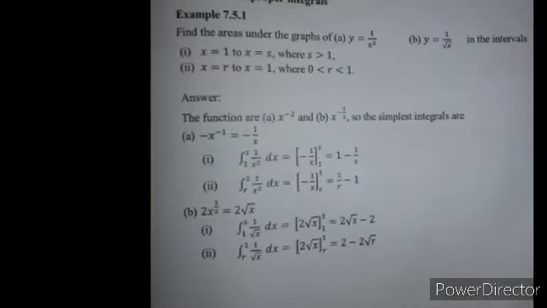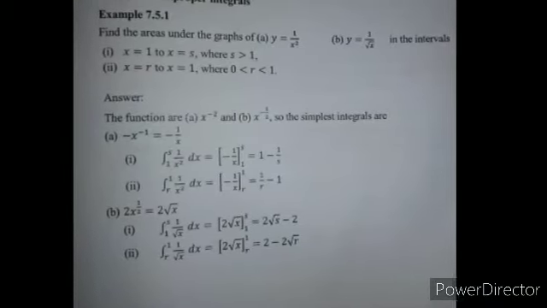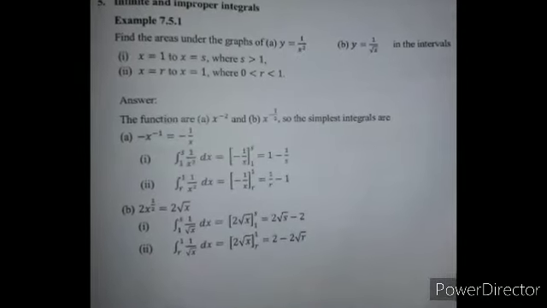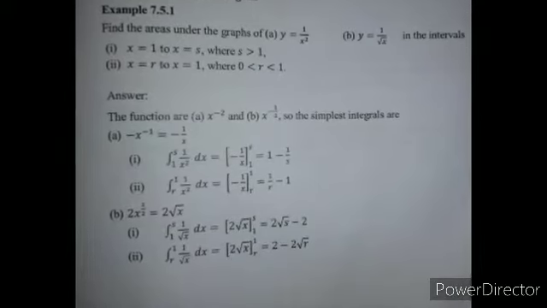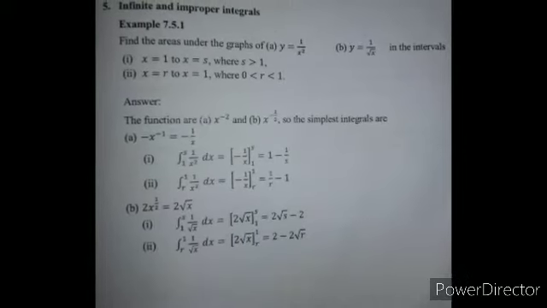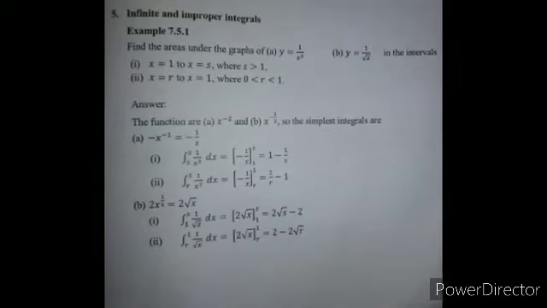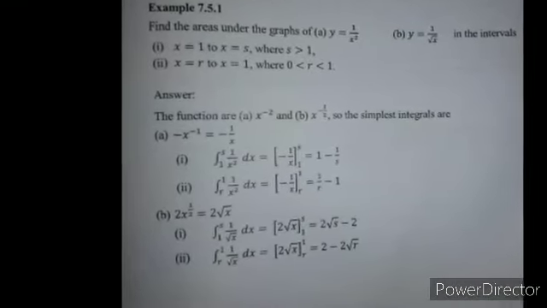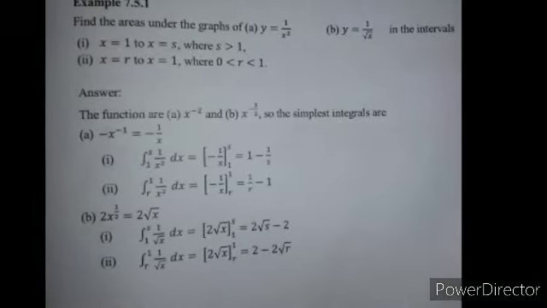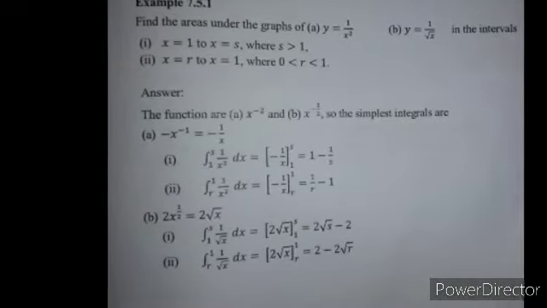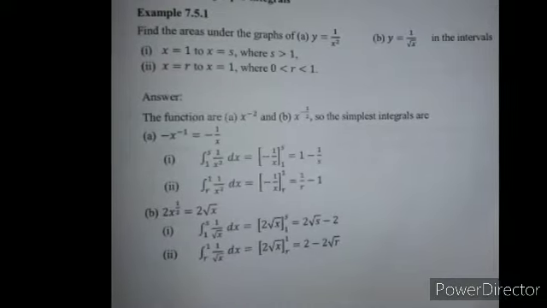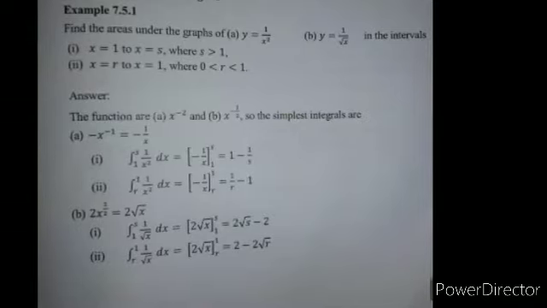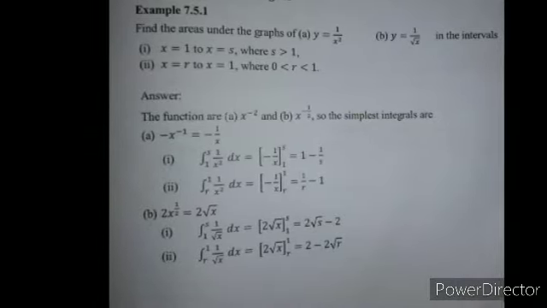First, the integral from 1 to s of 1 over x squared dx equals minus 1 over x evaluated from 1 to s, which equals 1 minus 1 over s. Second, the integral from r to 1 of 1 over x squared dx equals minus 1 over x evaluated from r to 1, which equals 1 over r minus 1.